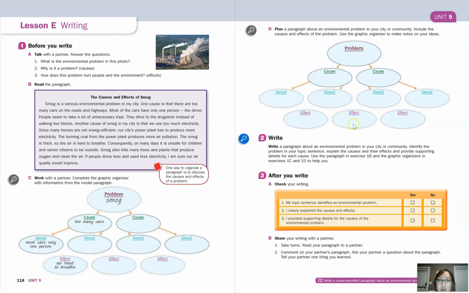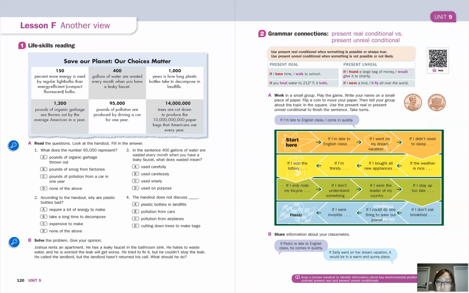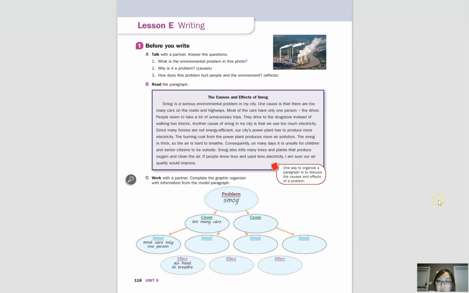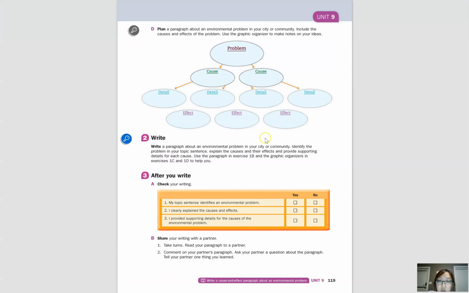That would be the second exercise, number 2, write. Let's go to that page. Sorry, wrong page. Let's go back. There we go.